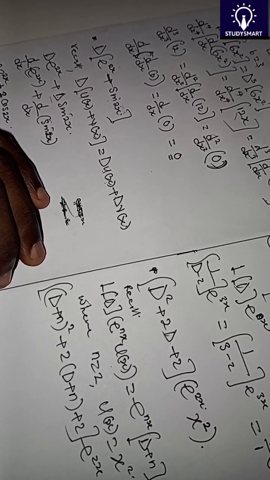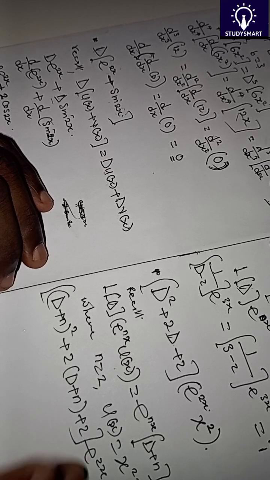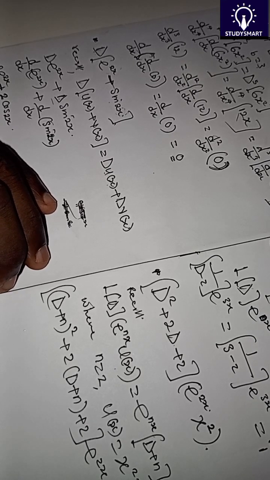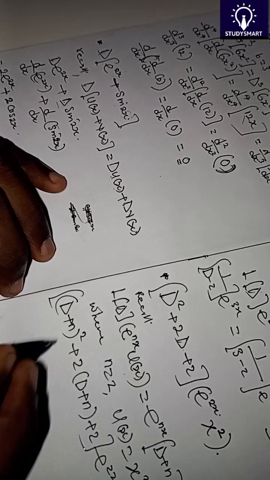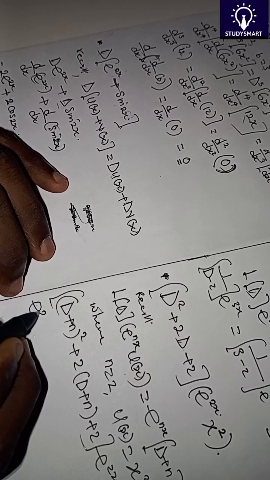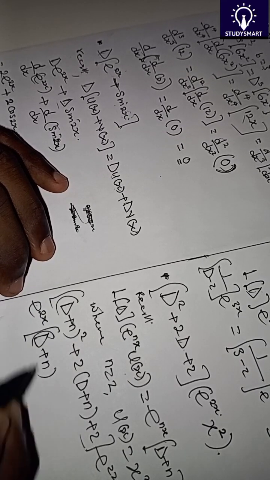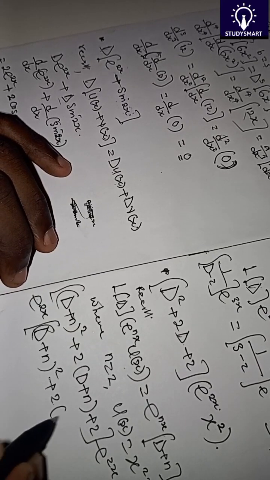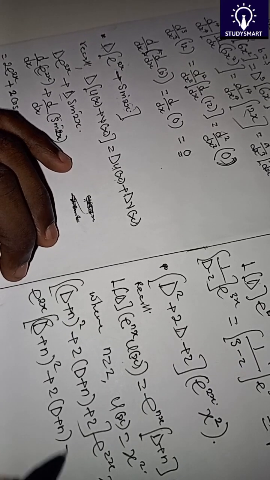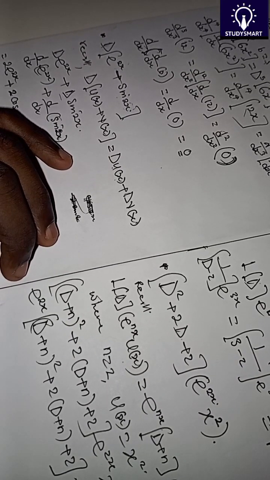At this point, let's see how we can distribute these functions. We can write exponential 2x, then d plus n squared, plus 2 into d plus n, then plus 2. Then we'll drop x squared here.